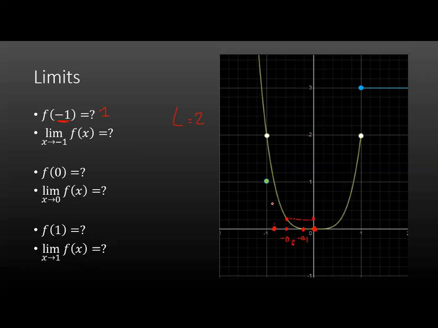So this one, you will have a y value closer to 1. But if we let our x values get closer to -1, as close as we can, we're actually approaching 2. So therefore, your right side approaches 2. So since both sides approach 2, our answer is 2.